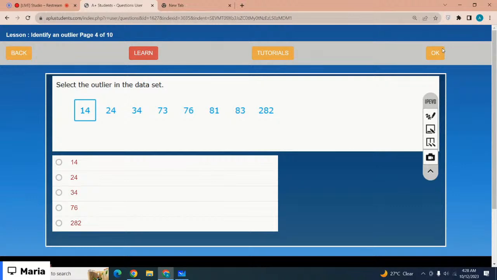Select the outlier in the dataset, which is the correct option? Yes, the correct option is 282. Select the outlier in the dataset, which is the correct option?